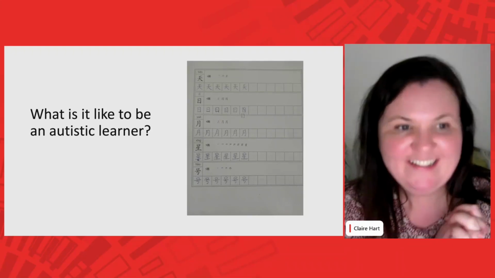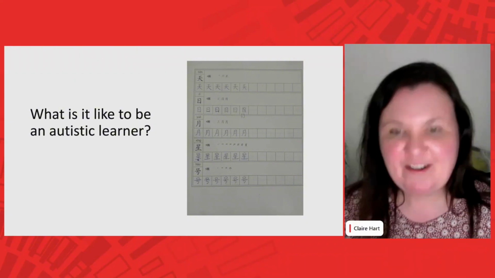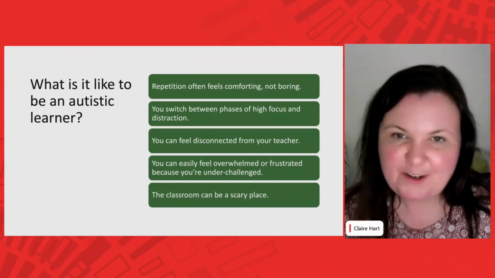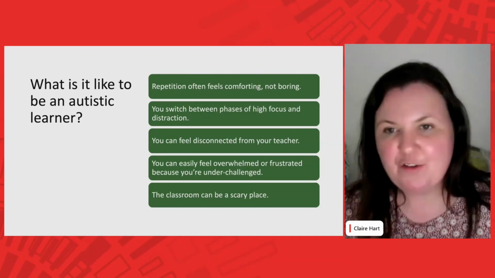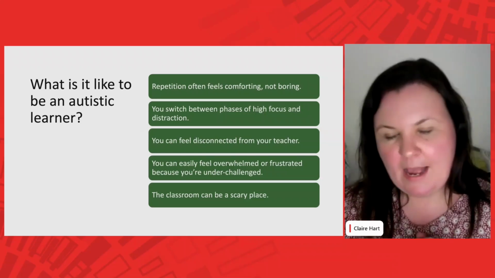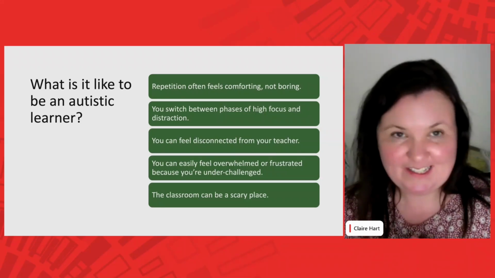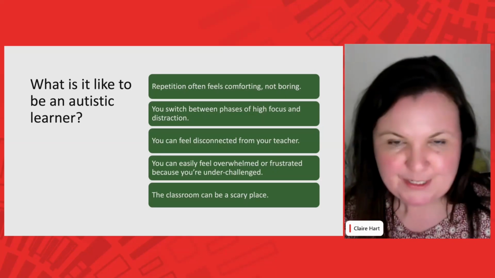He can do this all day, this repetition of drawing the characters. And this is kind of typical of a lot of autistic learners. Repetition often feels comforting and good and not boring. Repetition is good. It's kind of the opposite of what you think for a lot of students.